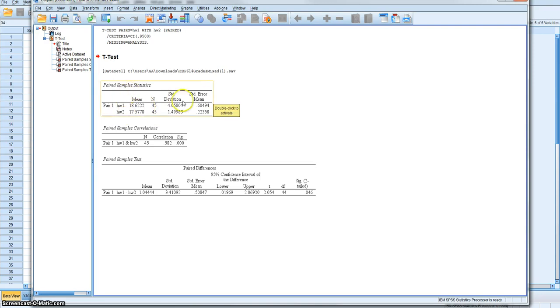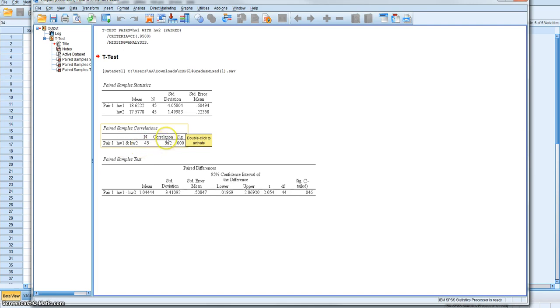SPSS gives us a handy little table with the descriptive statistics. So we have what's the mean score for homework 1, what's the mean score for homework 2, their standard deviations, and their standard errors. Our second table tells us what is the correlation between homework 1 and homework 2.